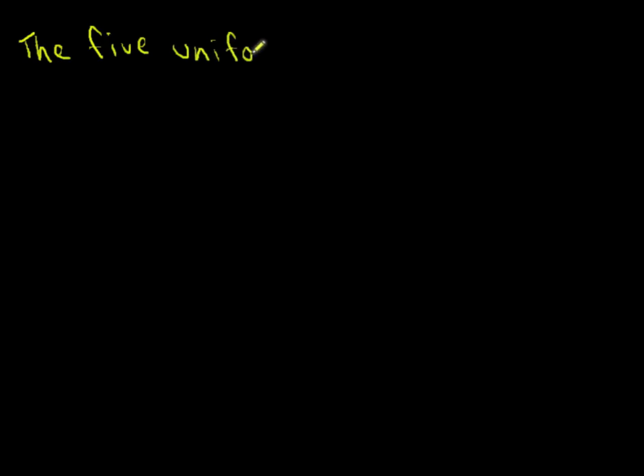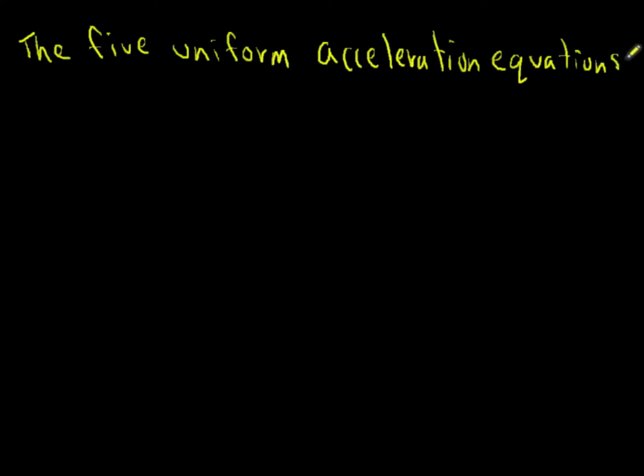The 5 uniform acceleration equations are: equation 1. a equals Vf minus Vi over t.